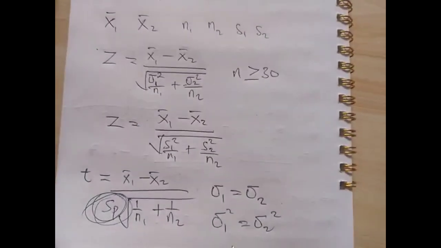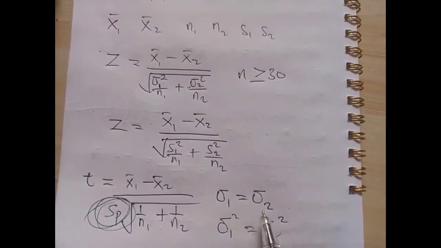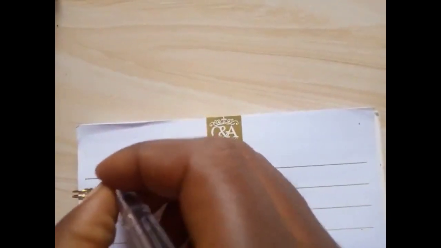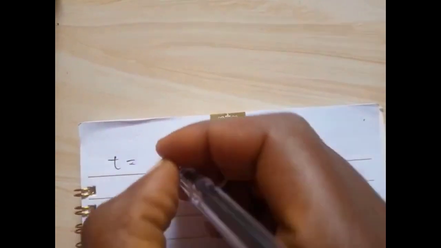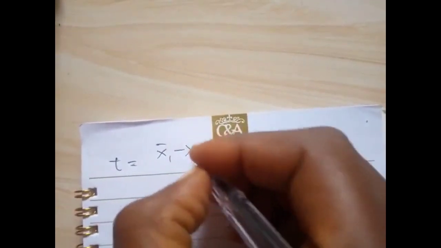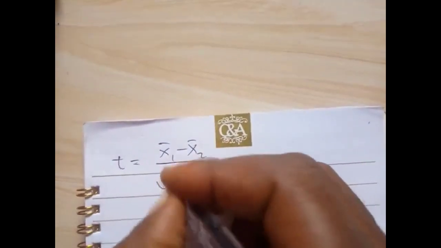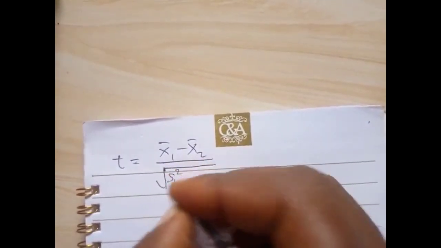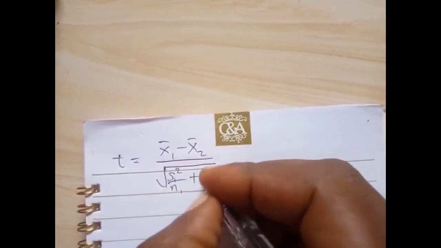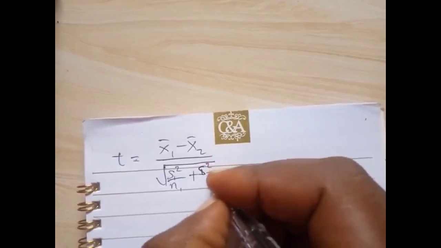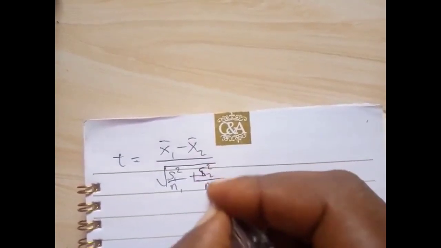But in a case where they are not equal, the t-test will just be given as x bar 1 minus x bar 2 over the square root of S1 squared over N1 plus S2 squared over N2.